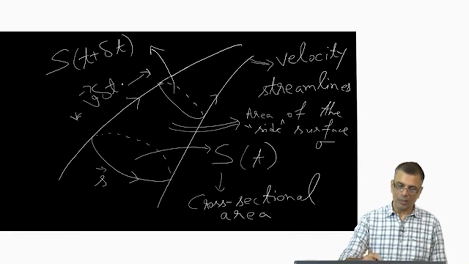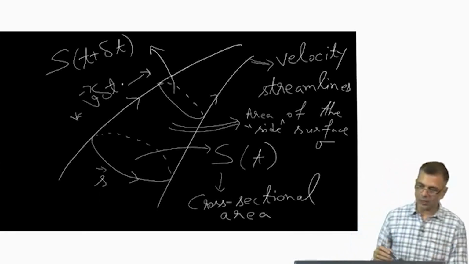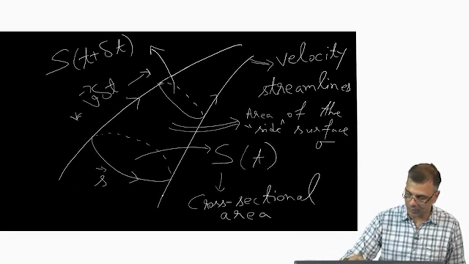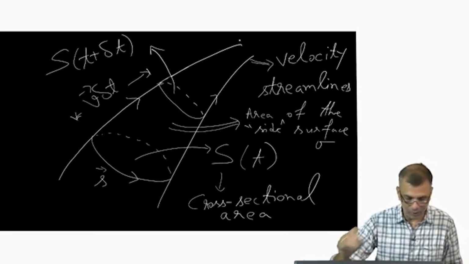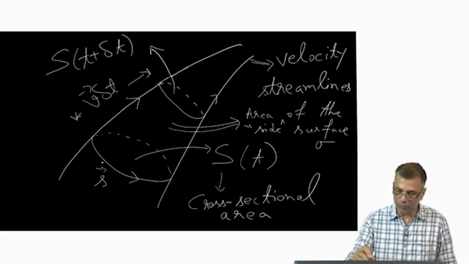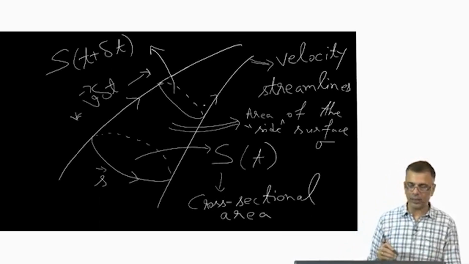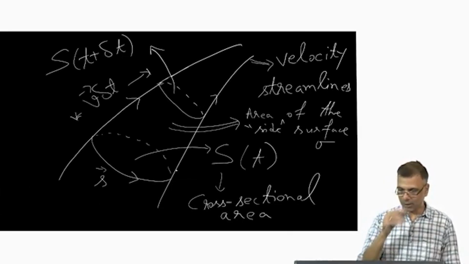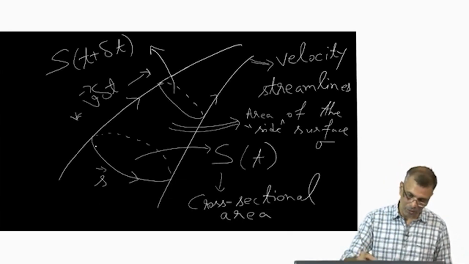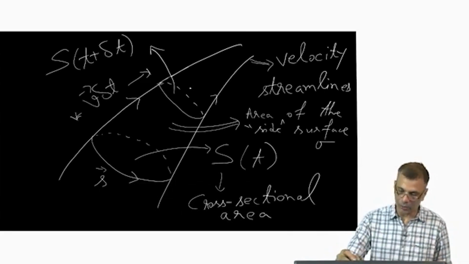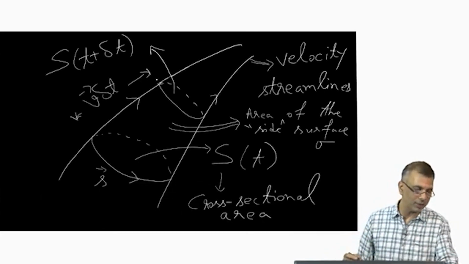Just to re-emphasize, these are the velocity streamlines, and these two loops are separated by a time interval delta t. So this is the loop at time t, and this would be the loop at time t plus delta t.